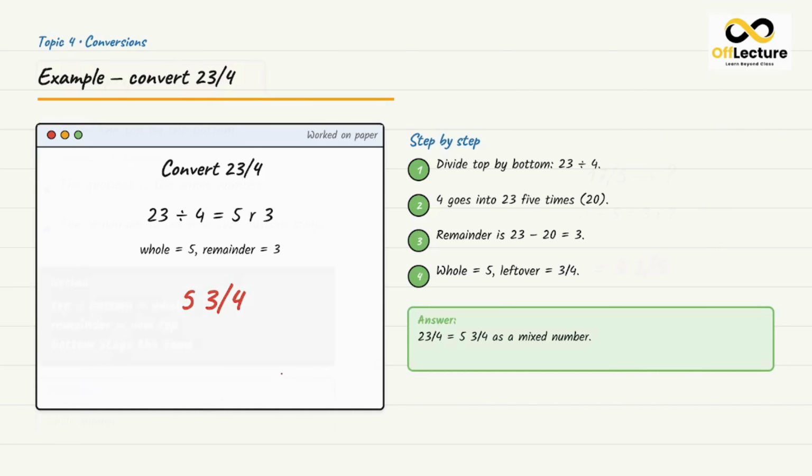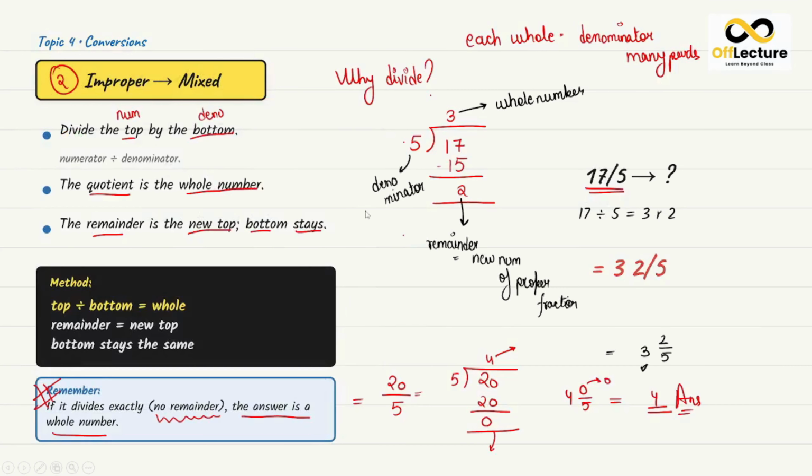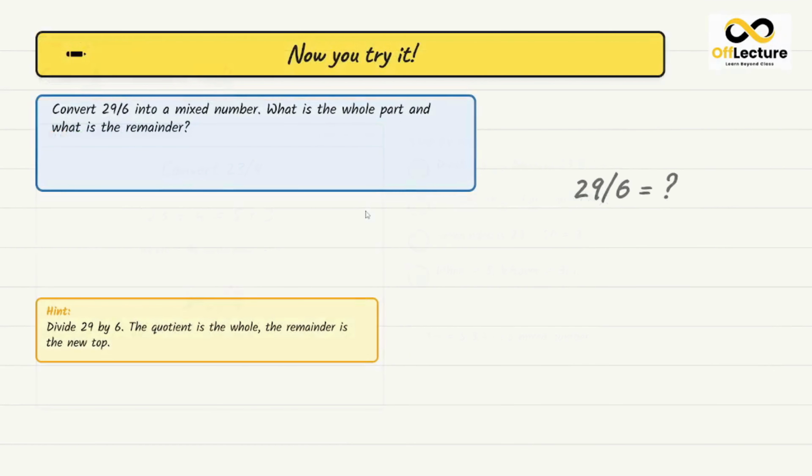Okay. Now you guys try this. Convert 29 by 6 into a mixed number. What is the whole part and what is the remainder? The hint is you have to divide 29 by 6. The quotient will be the whole part and the remainder will be my new top.